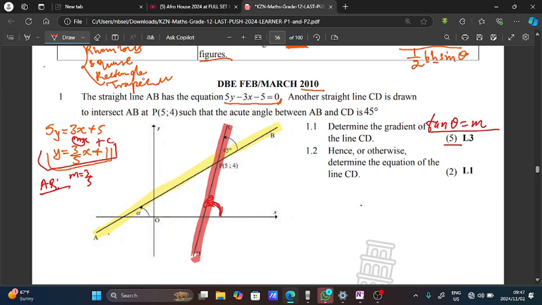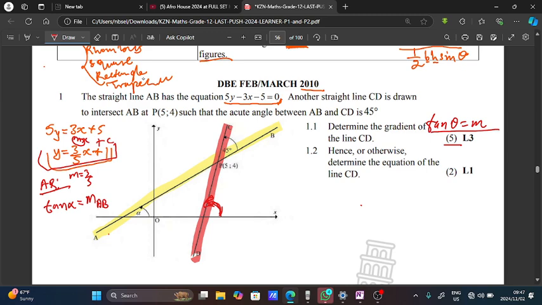Knowing that, on this AB, I'm going to say tan of alpha equals the gradient of AB, because AB has a gradient and alpha is the angle of inclination of AB. This formula will give me the angle.